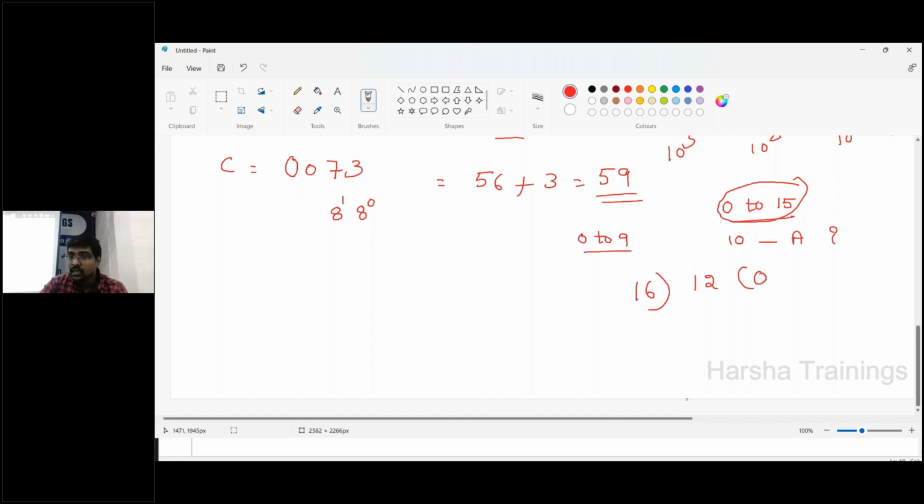What is the remainder? 16, 0, 0. The remainder is 12. Suppose my number is 0x 23 12 5. What is your assumption? Your assumption is 5 is one digit, 12 is one digit, 3 is one digit, 2 is another digit. That is your assumption. Why?